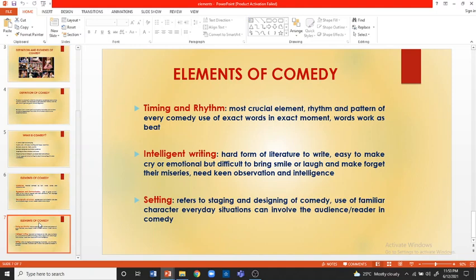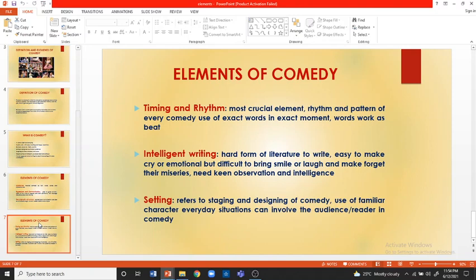It is very hard to write, because when we speak about tragedy, it is very easy to make the audience cry or become emotional, but it is very difficult to bring a smile to the face of the audience or the reader, and to make them forget their miseries and bring a laugh to their face.